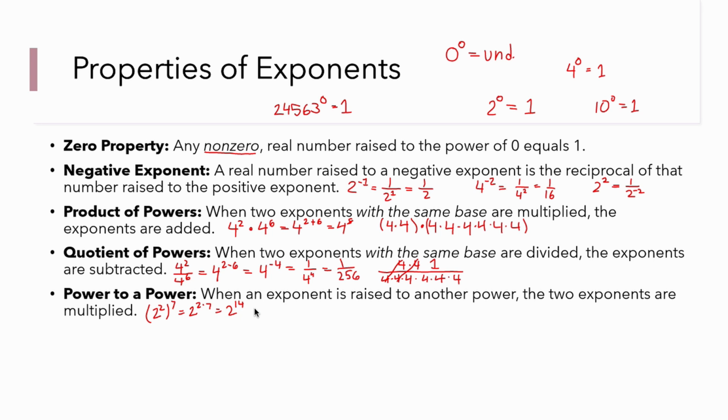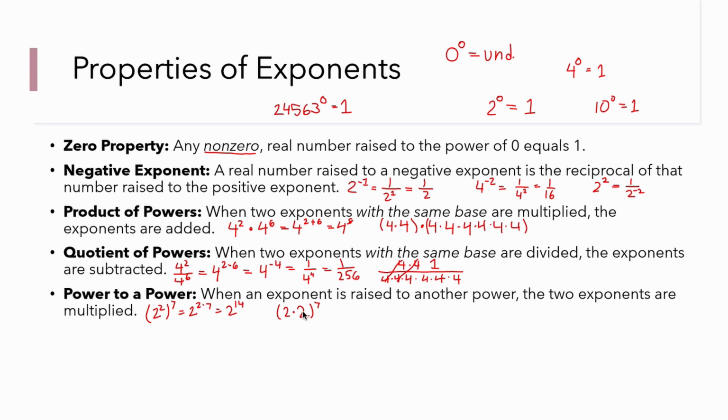Now, why does this work? We can use repeated multiplication again to prove this property. So if we write 2 squared as repeated multiplication, that would be 2 times 2, right? And we raise it to the power of 7.